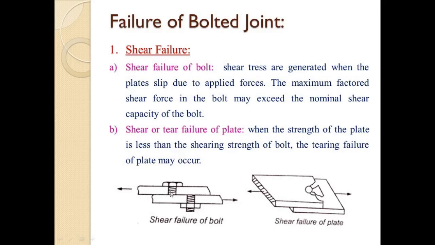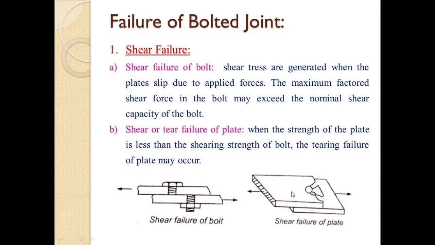This happens if the shear strength of the bolt is less. Second type of failure is shear failure of plate. When the strength of the plate is less than the shearing strength of the bolt, then tearing or shear failure of the plate may occur.